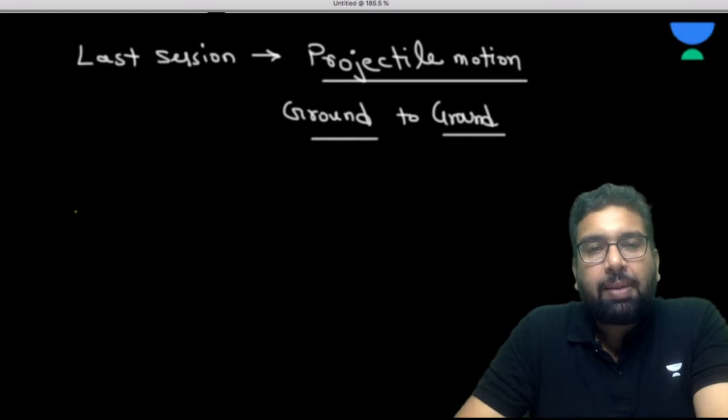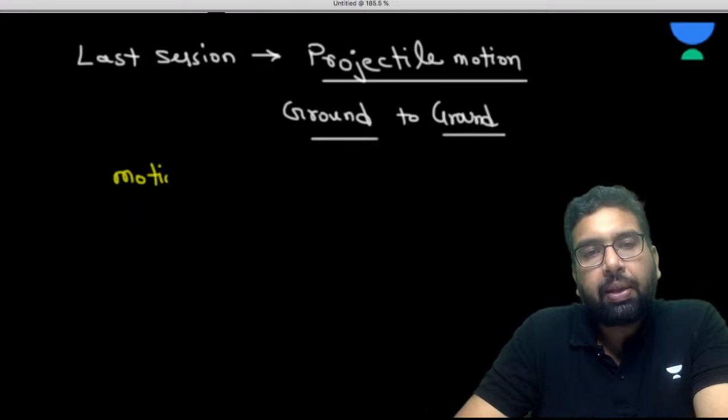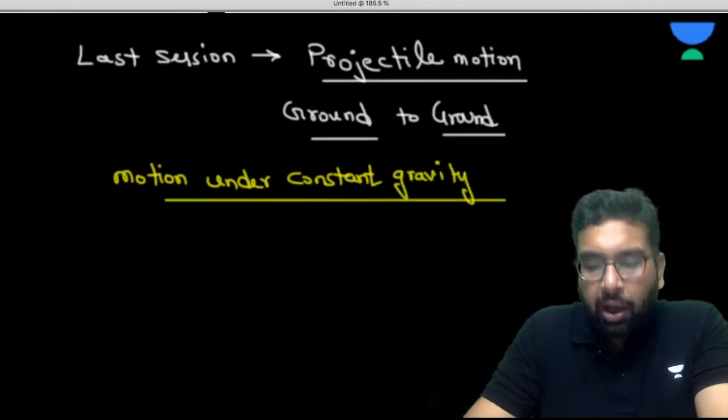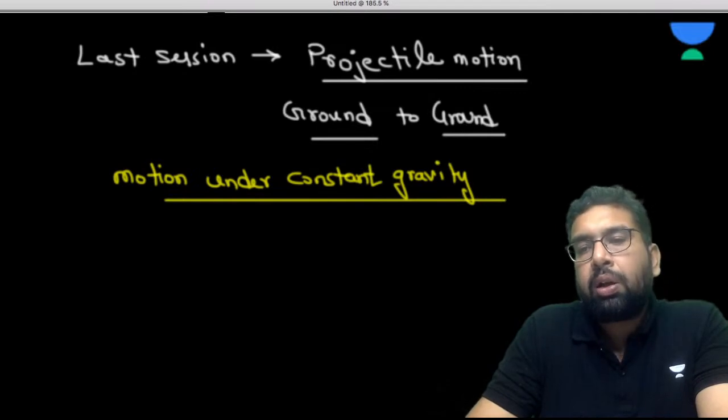So projectile motion, when I say ground to ground, is nothing but motion under constant gravity. When we deal with projectile motion, we have to do nothing but use the equations that require constant acceleration.